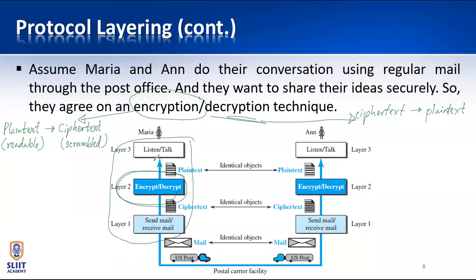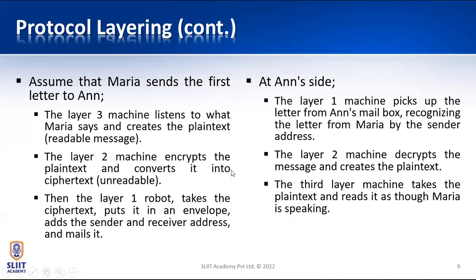Now, simply you can see it's a very complex communication, right? With the layers, it feels like we have made it complex. But in the actual networking scenario, if you don't have these layers, it's very difficult to handle. So in the next slide, we have all of these explanations.